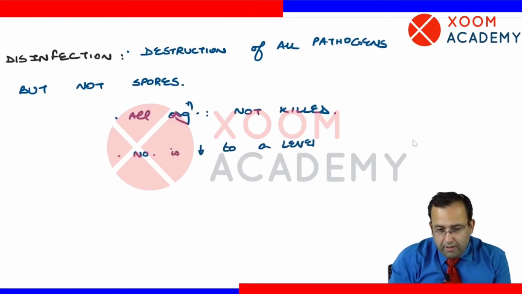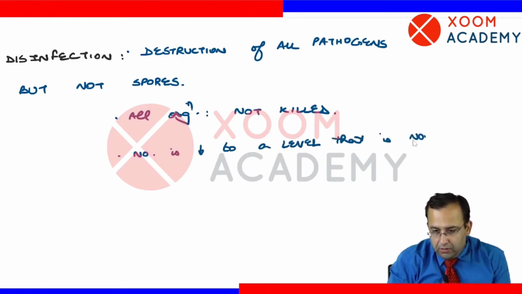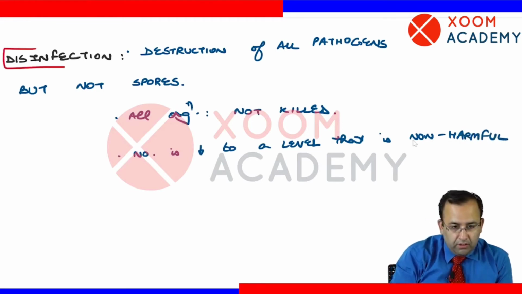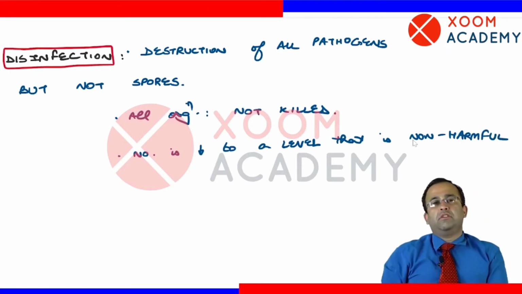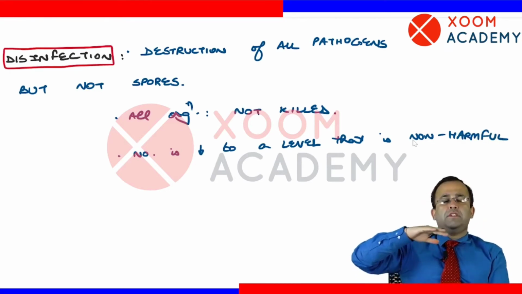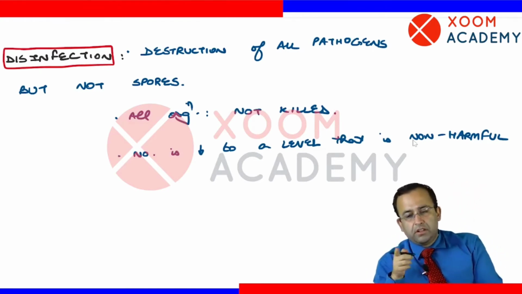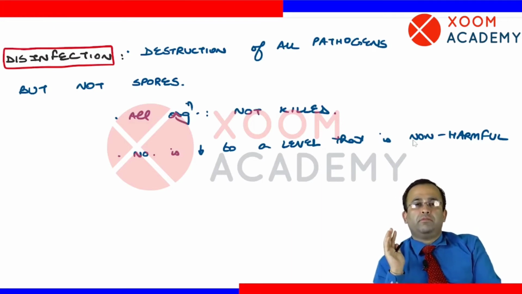It is reduced to a level that is non-harmful. This is called disinfection. So in sterilization, the surface was totally sterile, versus disinfection, where it is reduced to a level that is not harmful.